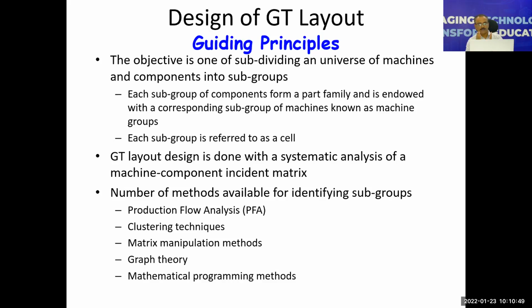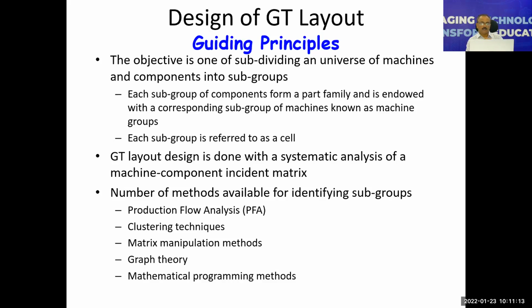So a group of machines will be utilized for processing those particular components or parts. We can see that there are a number of techniques available to form the cell or a group of machines.